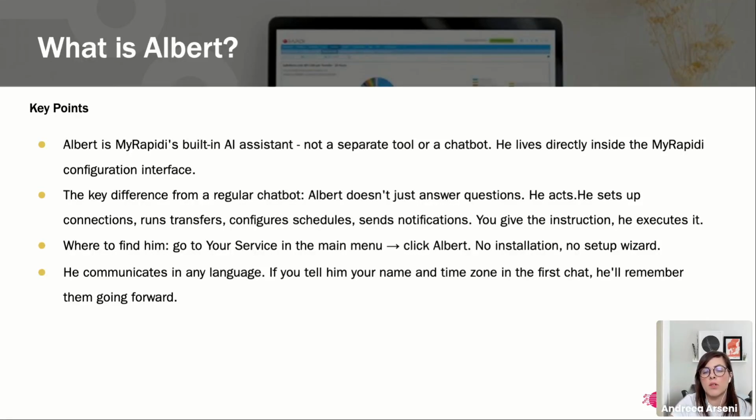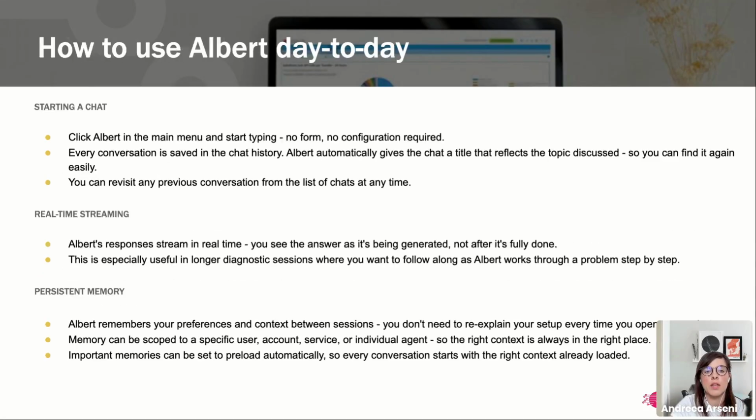So this was about Albert, of course, just a very small introduction. So how to use it. You just open the chat and then you start writing anything. So if you need help with an error message, you copy paste the error message in there and then Albert will respond. If you go through his response and you think you need more, you can continue the conversation until you resolve that issue.